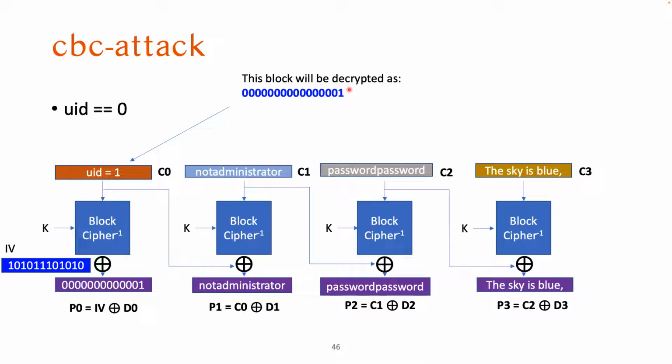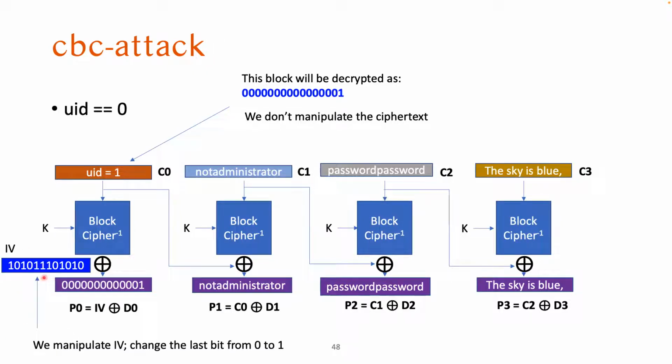And then we want to change the last one to be 0. In a CBC attack, to change the corresponding plaintext, we don't manipulate this ciphertext. We need to manipulate the value that will be XORed into this plaintext. Because we know the plaintext value will be 0000001, what if we apply XOR to the IV?